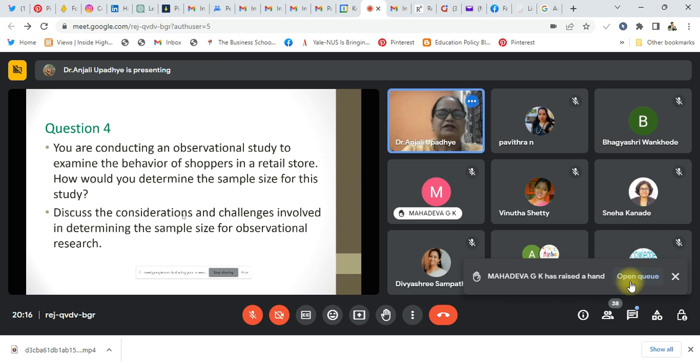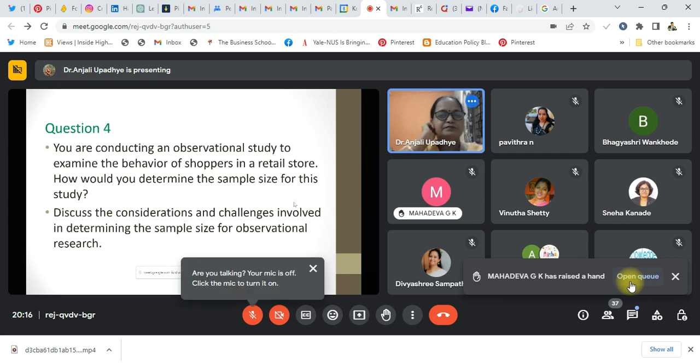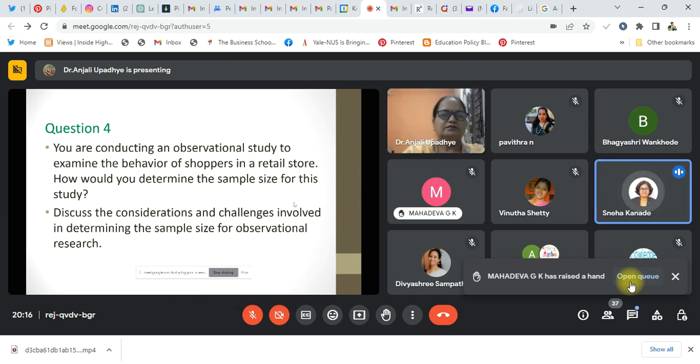You are conducting an observational study to examine the behavior of the shoppers in the retail store. How would you determine the sample size for this study? Systematic random sampling.